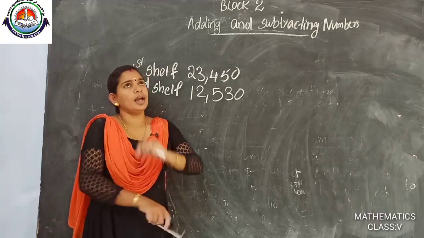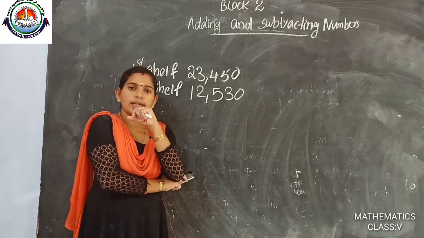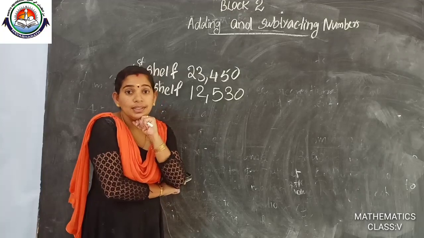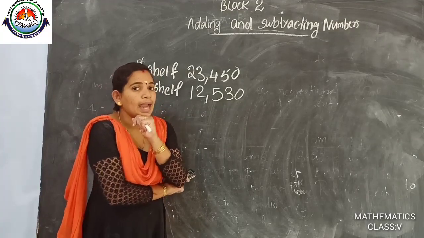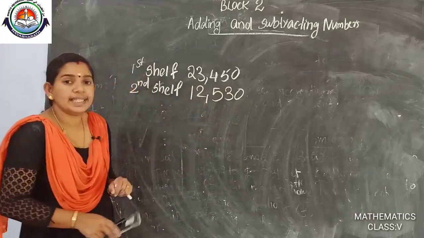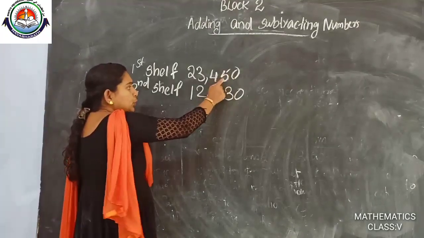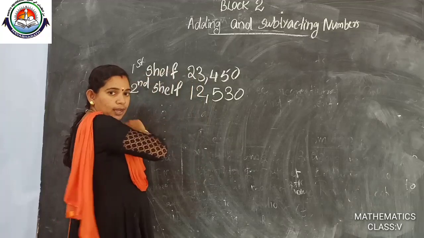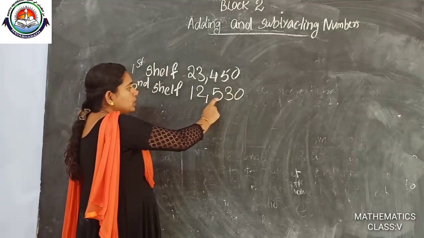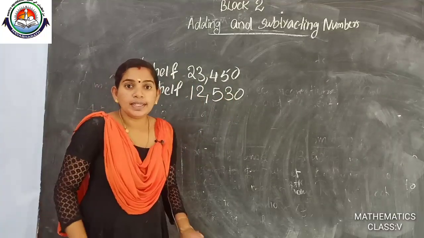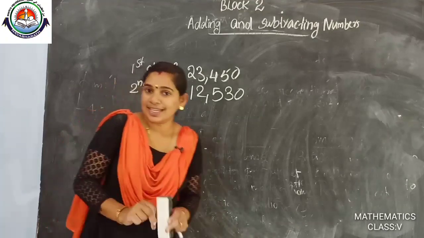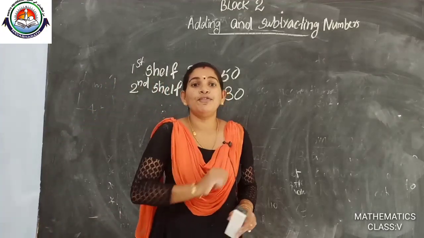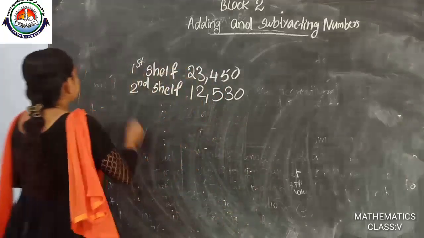Then I think, how many total toffees are there? How do we get it? What operation are we using? Adding. Here, how many digits are there? 1, 2, 3, 4, 5. In the second shelf, 1, 2, 3, 4, 5. 5 digits. So today we are discussing addition of 5-digit numbers.